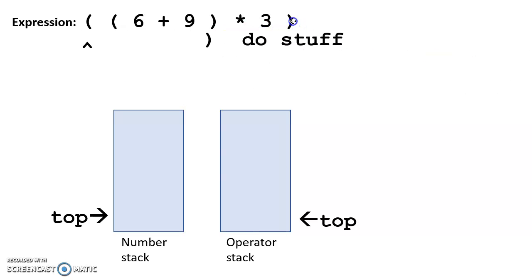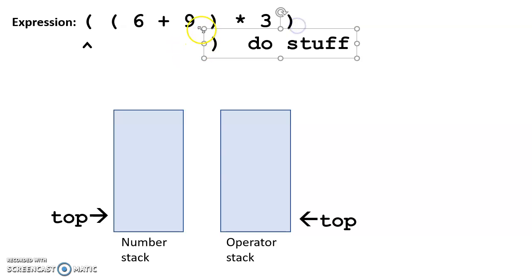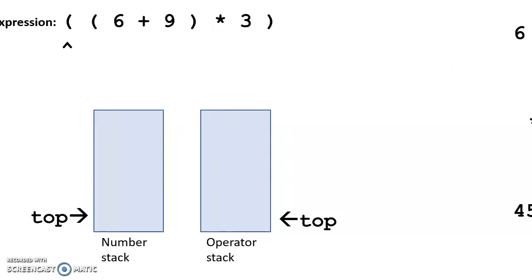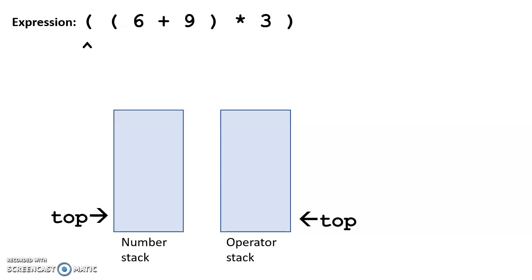So when I get to this close parenthesis here, we'll do stuff. When I get to this close parenthesis here, we'll do stuff. Otherwise, I'm just going to be pushing onto one stack or the other. The first one we're looking at is an open paren.